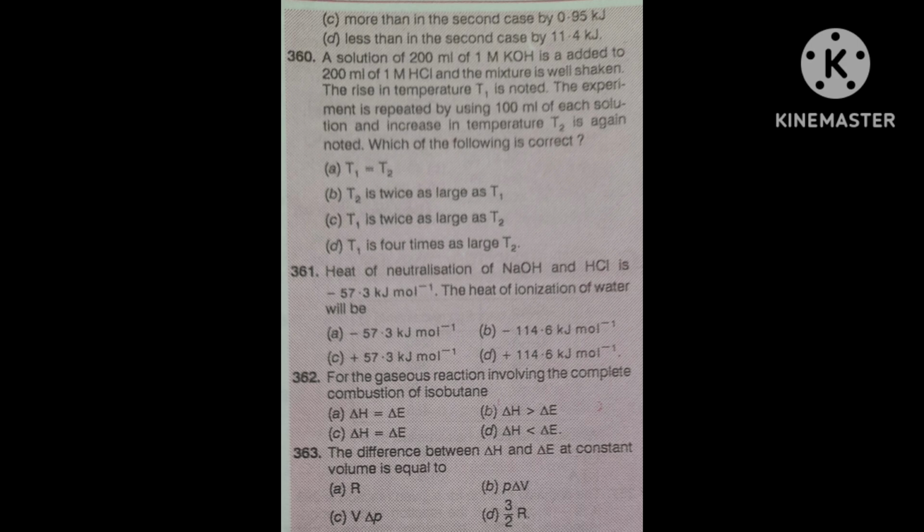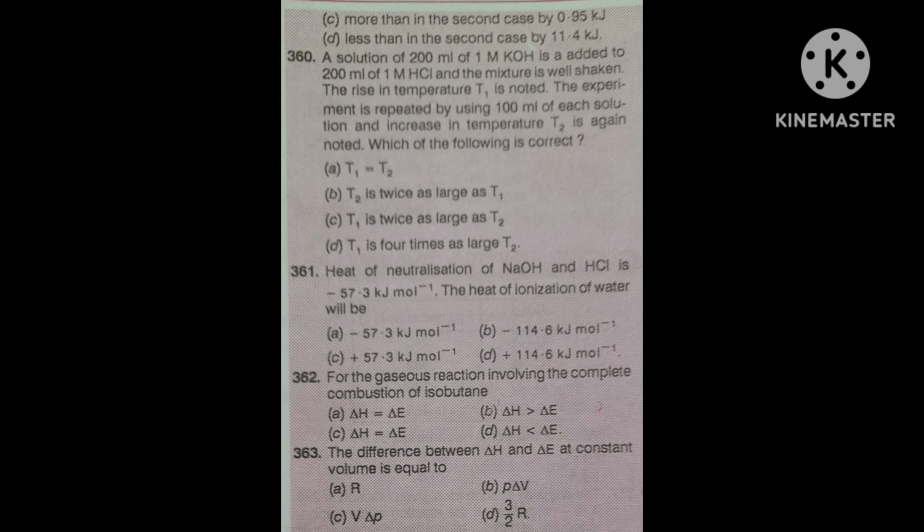Next question. HA plus OH minus. H means hydrogen, A means anion, capital A, HA. HA plus OH minus is forming H2O plus A minus.